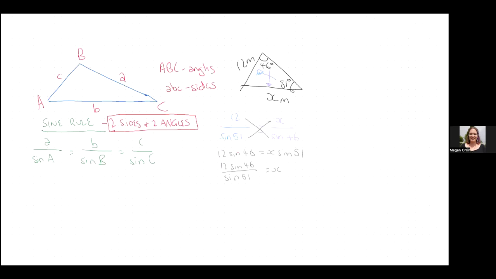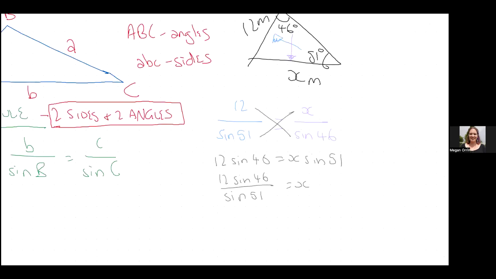So if I was going to type this into a calculator, actually, can you all do that with me to make sure that you know how to? You may need to put brackets around the top, okay? So 12 sine 46 divided by sine 51. Let's make sure that our calculators all agree. It's 11.12.